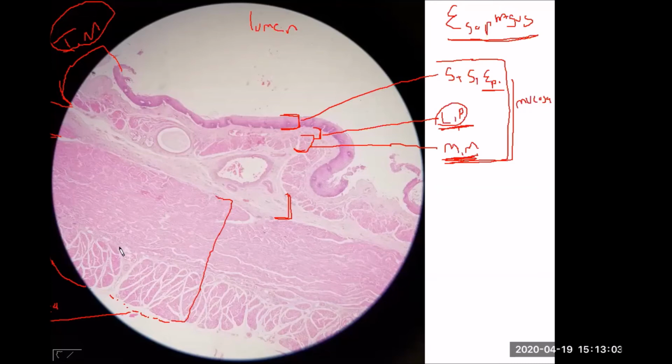We can see right here the two different specific sublayers of muscle, but all together, tunica muscularis. So anything beyond the tunica muscularis is going to belong to the fourth tunic, and in terms of the esophagus is called adventitia.